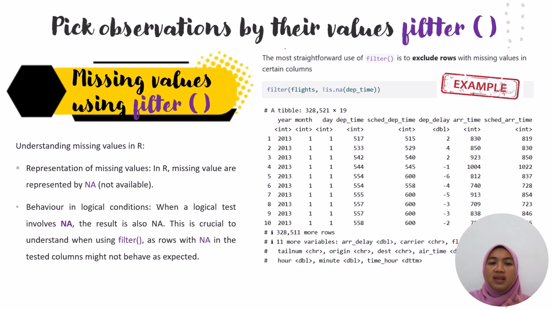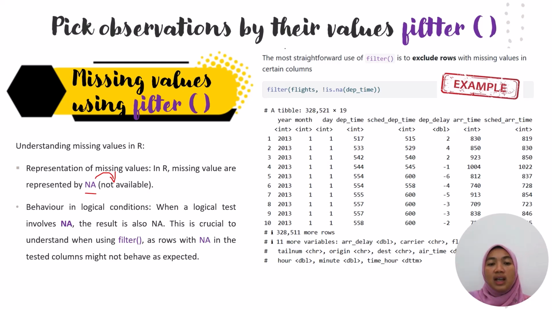Missing values are represented by NA. In R, the capital NA means not available.